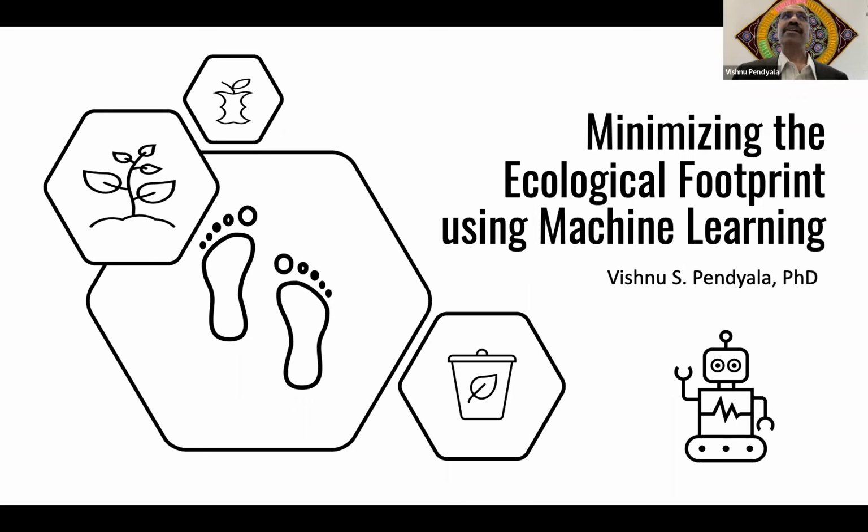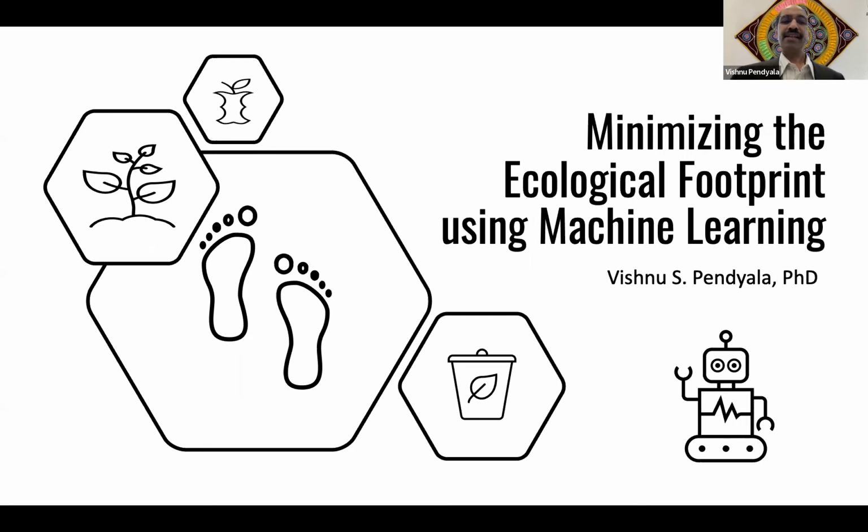But it is not that simple, or at least not to my knowledge. Instead, machine learning is used to minimize the use of major contributors to the carbon footprint. So we have been hearing about the major contributors to the carbon footprint, like energy, transportation, and food, and things like that. So we use machine learning for minimizing the consumption.